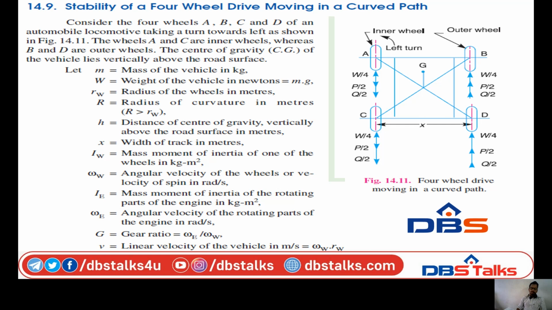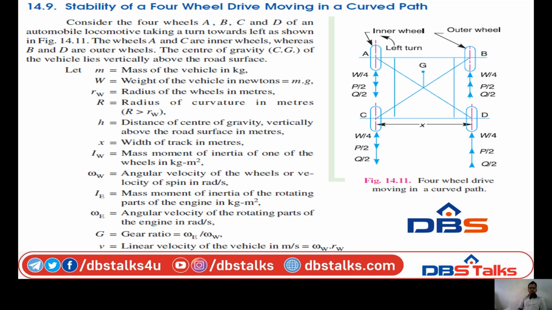Since the couple is also present in the engine parts, the net gyroscopic couple is C = CW + CE. By substituting the above two terms, we get plus or minus of 4IW plus or minus G IE.